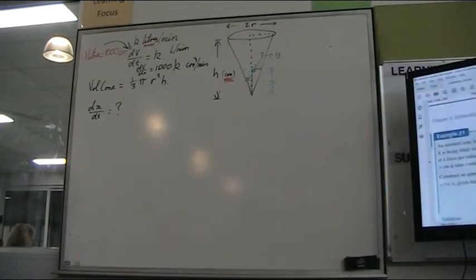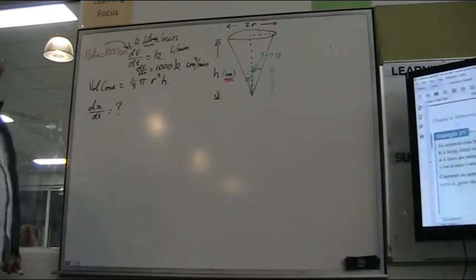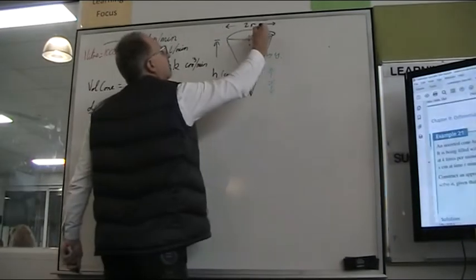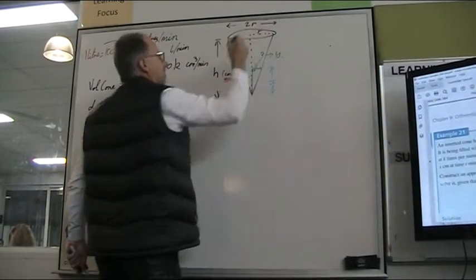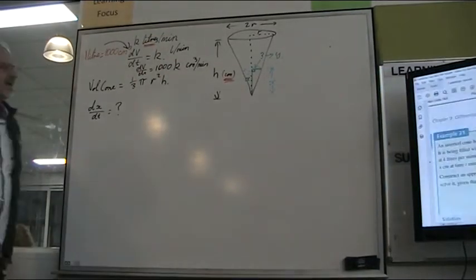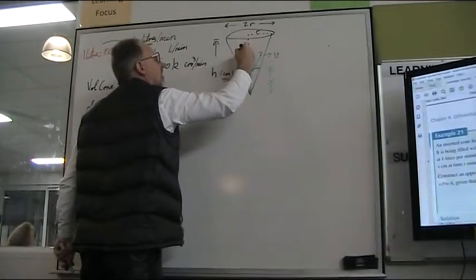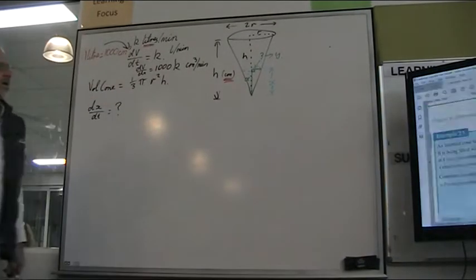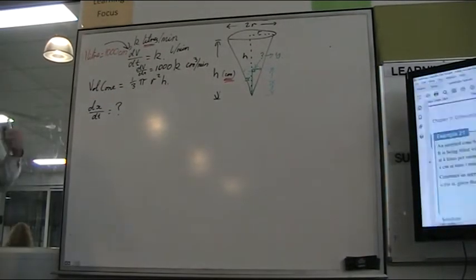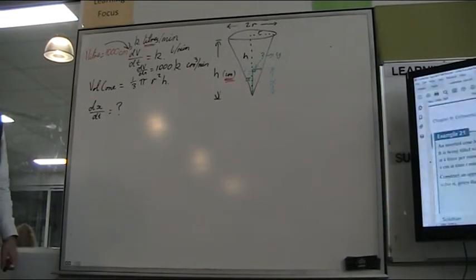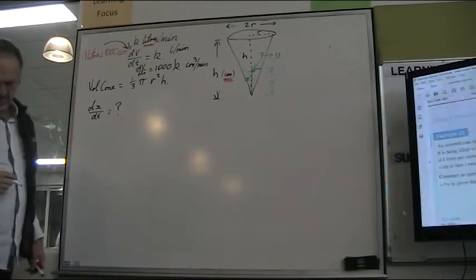And what do I know about those two triangles? They are similar. This side up there is R on the big triangle, and that's H. Because they're similar, the ratios of those sides have got to be the same.